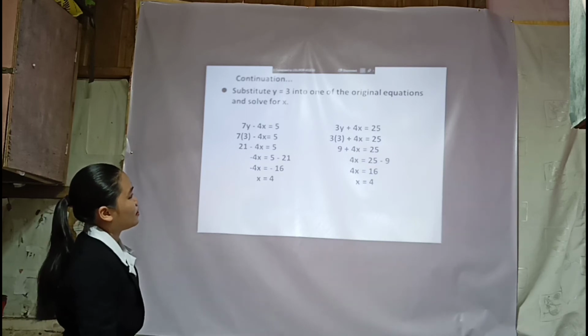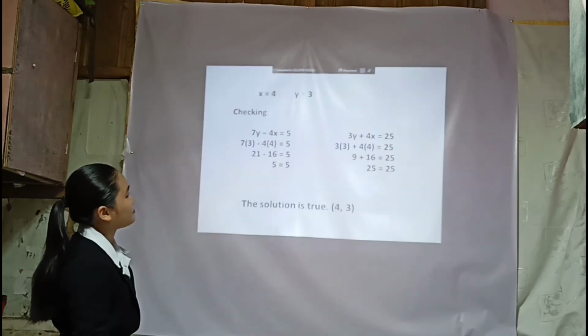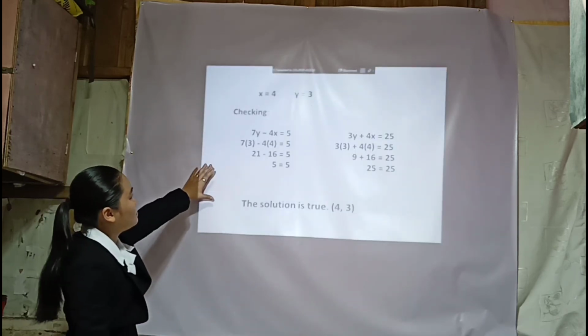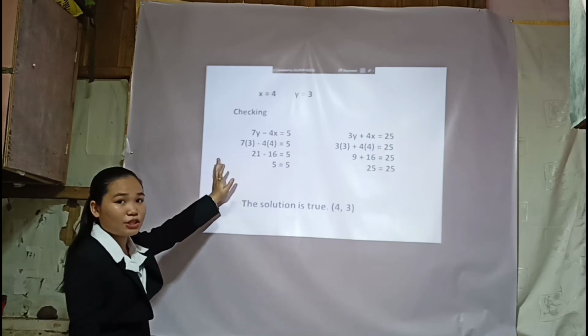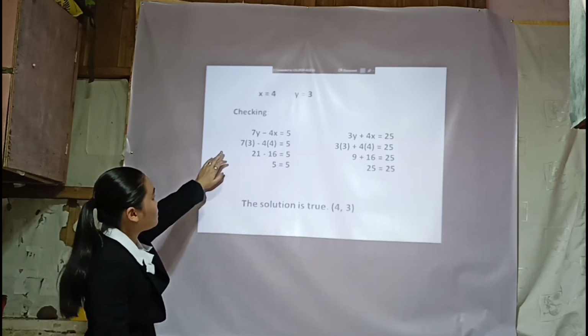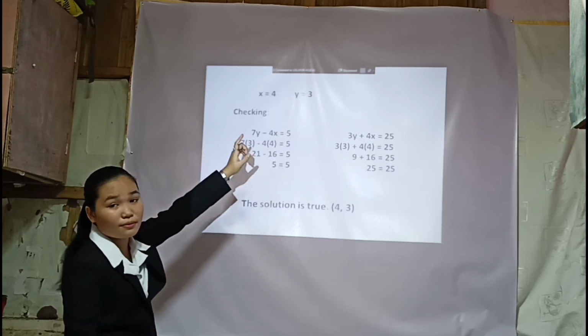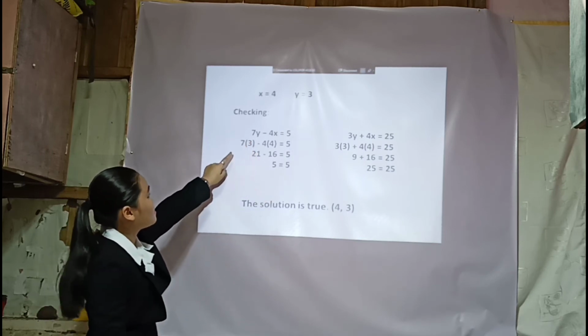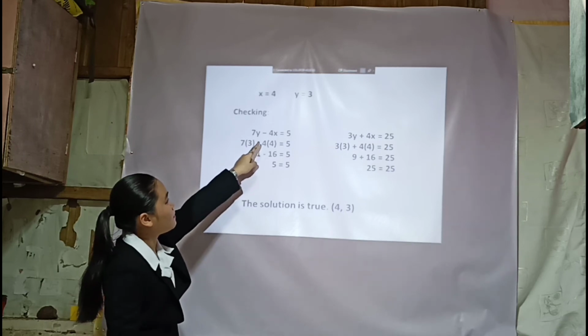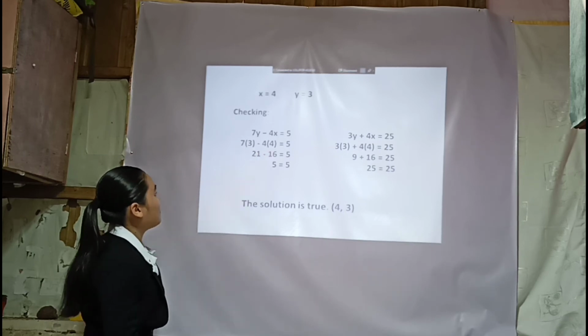So let's check our answer. So we will use the original equation. So let's substitute the value of x as 4 and the value of y as 3. So 7y minus 4x equals 5.